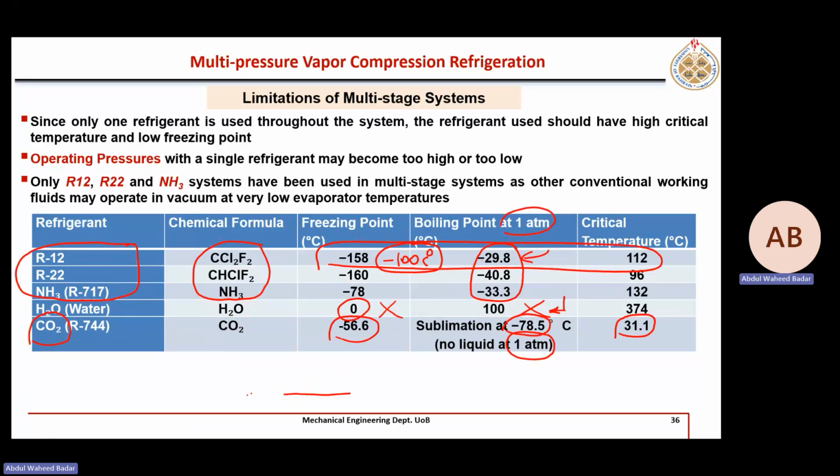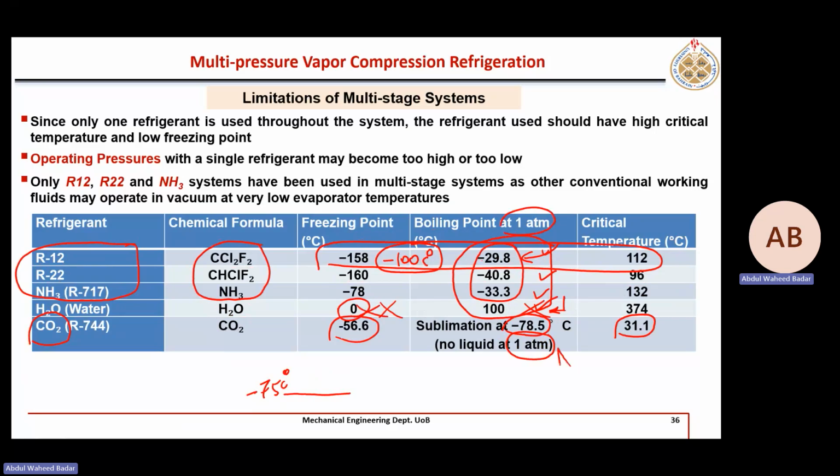Let me say -75. I have to create vacuum in these 4 cases. Yes, if I want -75 degrees Celsius evaporation. Here I have to create vacuum, vacuum, vacuum, vacuum. Water is of course not possible below 0.